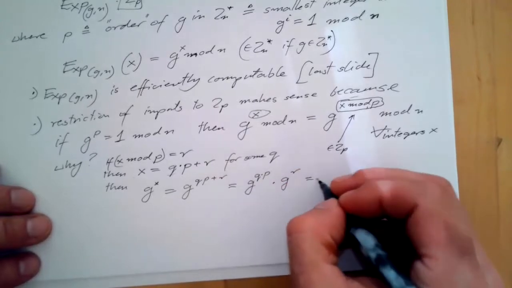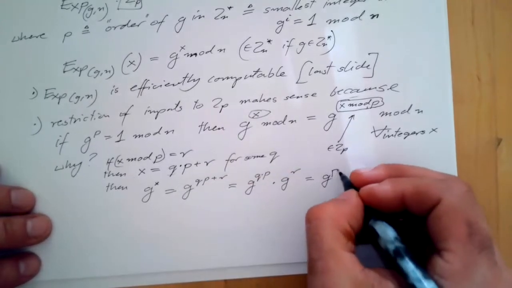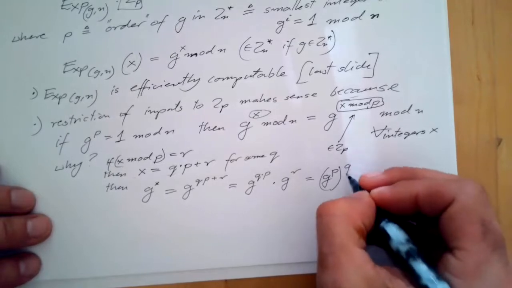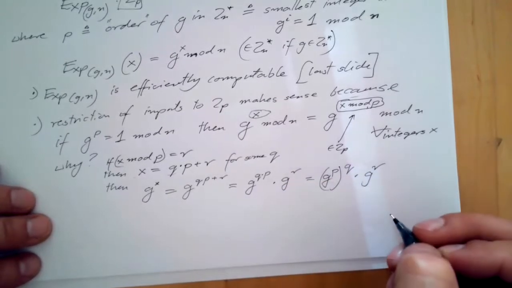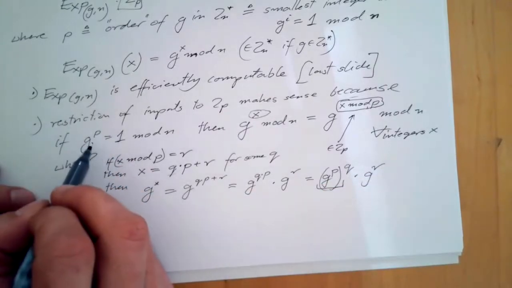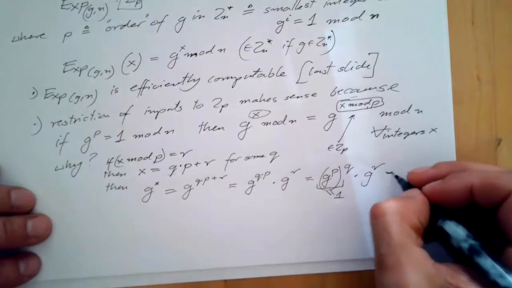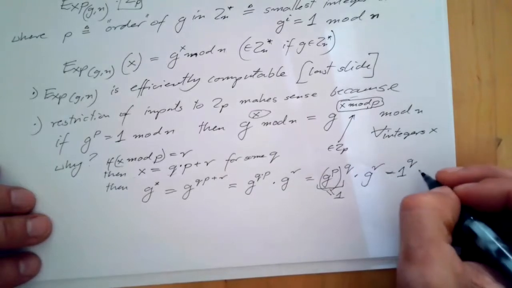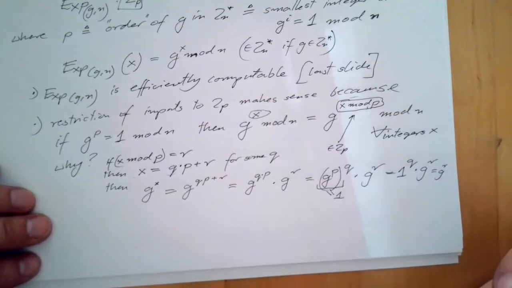So I can write g to the x as g to the p times q, times g to the r. And I can look at this as g to the p, to the q, and this thing, by our assumption, is 1. So this is 1 to the q times g to the r, so this is g to the r.